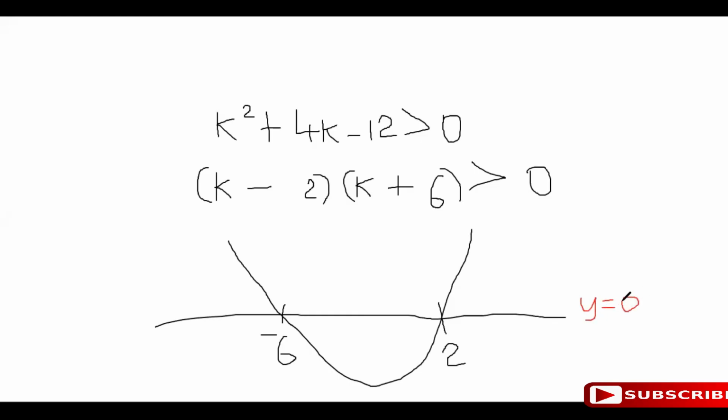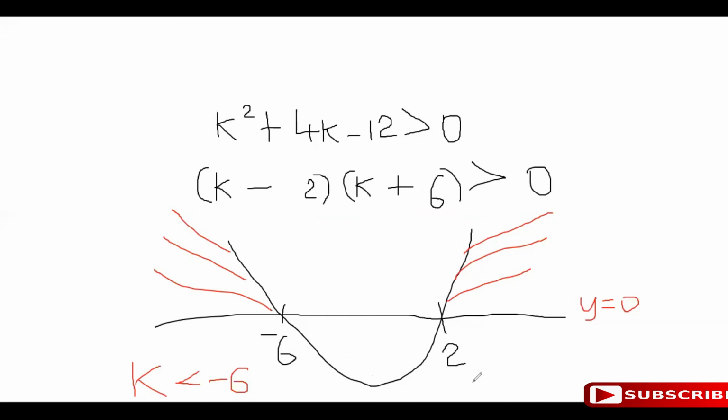And we want when it's above the line y equals 0. So it is above the line y equals 0 when k is less than -6, union k is greater than 2.